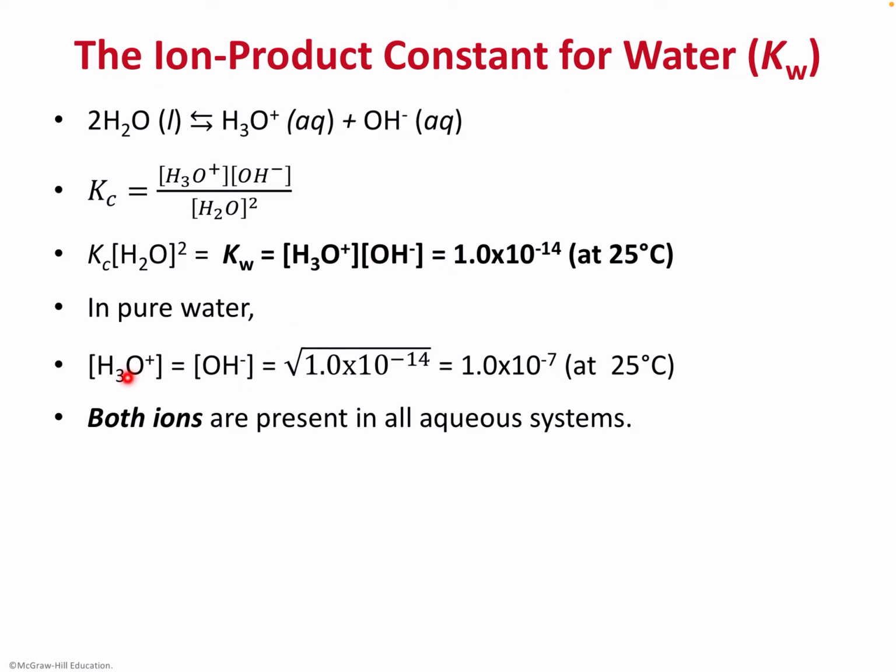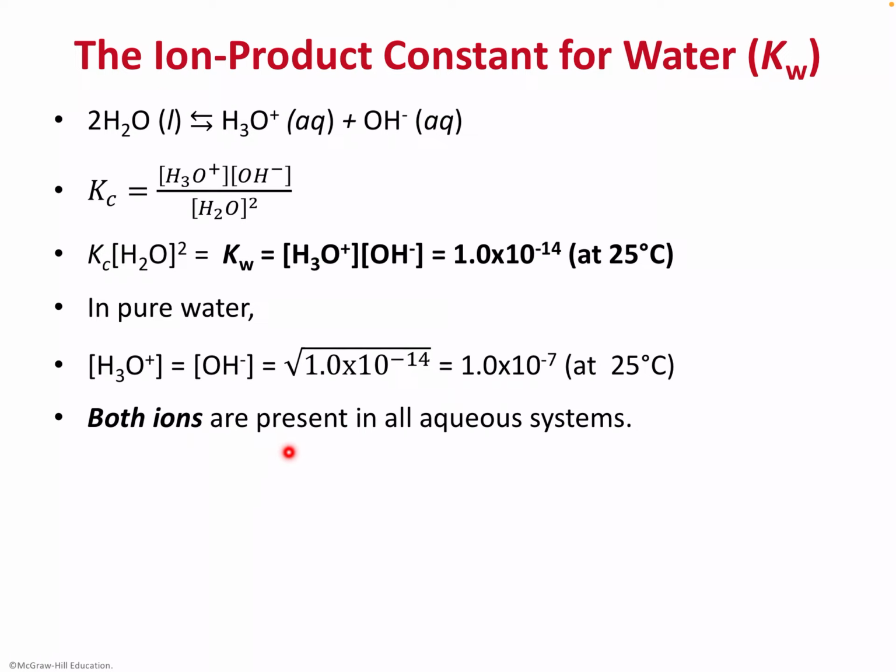Since both of them are equal amounts in pure water, if you take the square root of 1 × 10^-14, that will give us the concentration of either the hydronium ions or the hydroxide ions, which is 1 × 10^-7. So in pure water, the concentration of hydronium or hydroxide ions is going to be the square root of Kw, which is 1 × 10^-7.